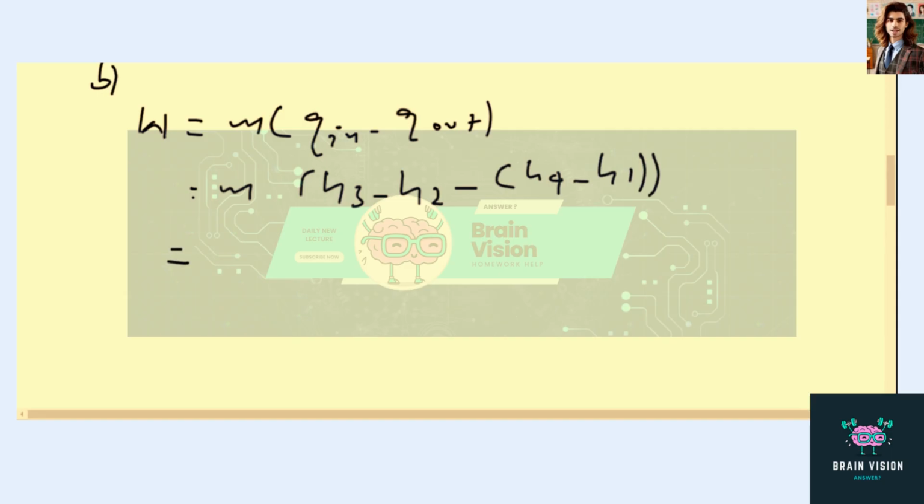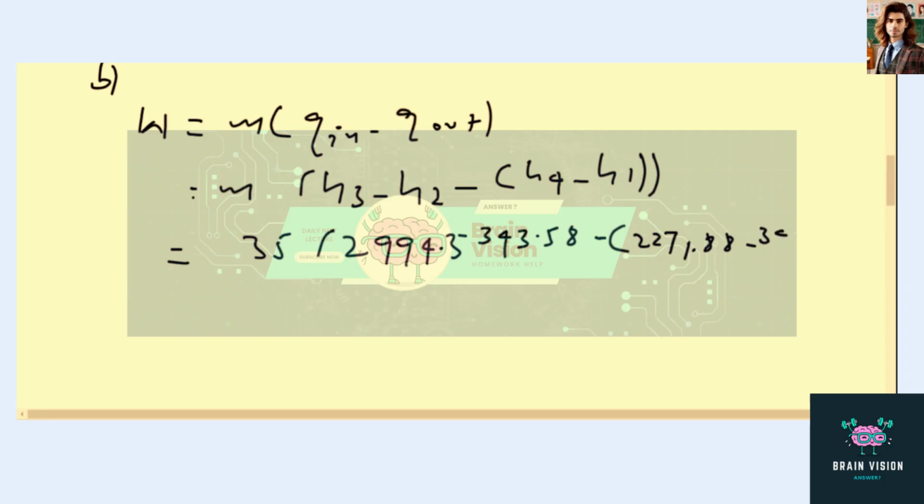And plugging values, 35 into 2994.3 minus 343.58 minus 2271.88 minus 340.54, right? Multiply by 10 to the power minus 3 megawatt.